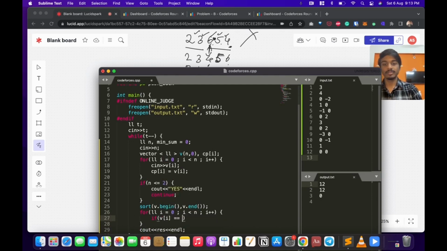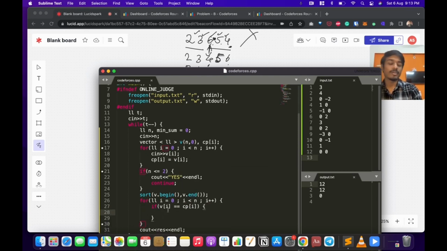The sorted one is equal to the copy. If everything is equal, you put f equal to 1.